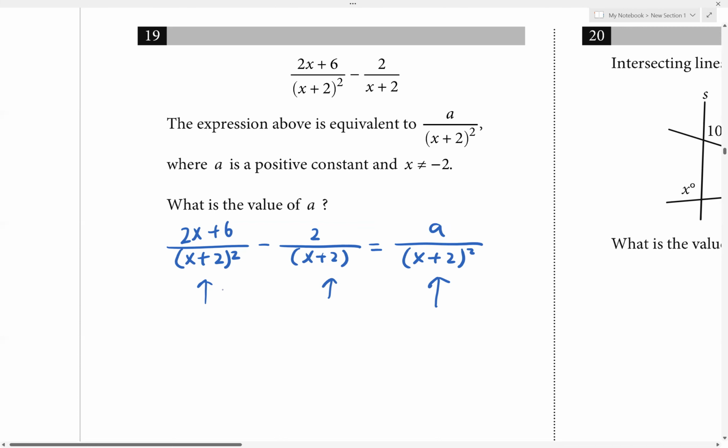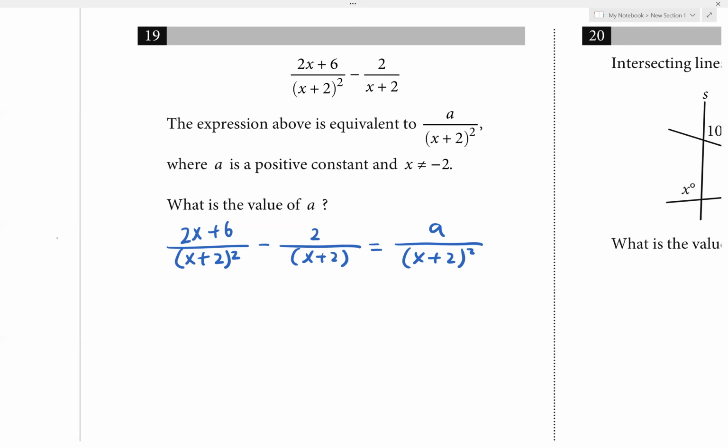The first and the last have (x plus 2) squared, but the middle fraction just has x plus 2. Since we have to include everything, the common denominator will be (x plus 2) squared. That will be the least common multiple.